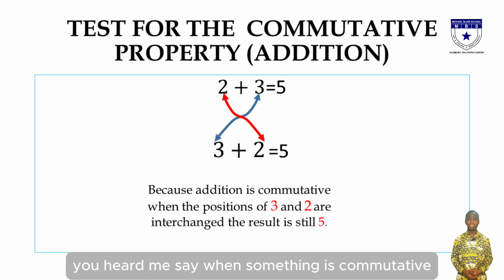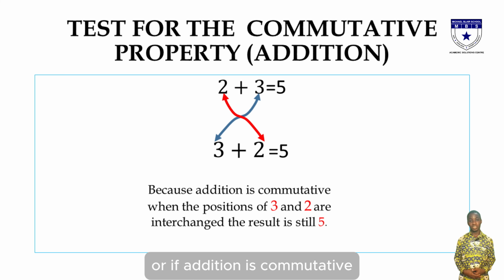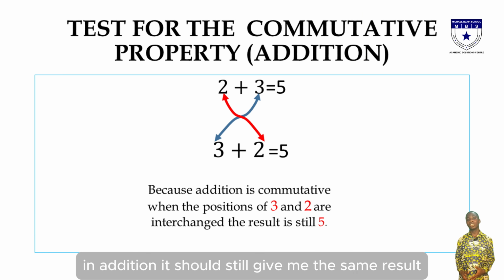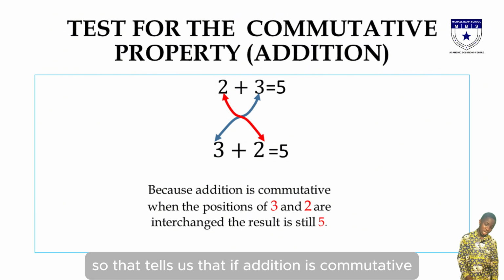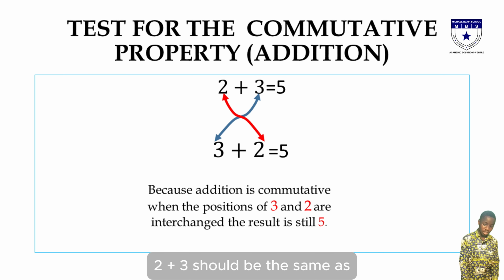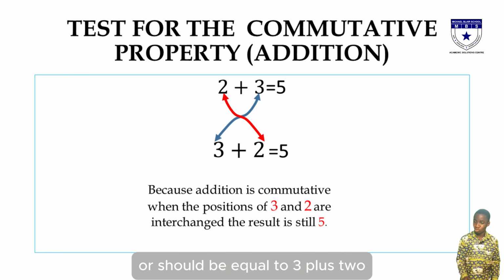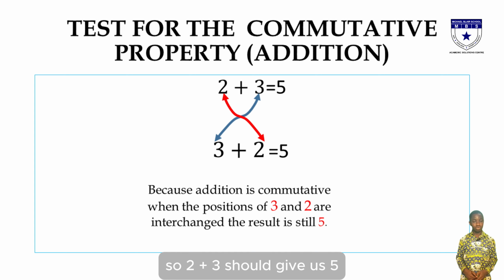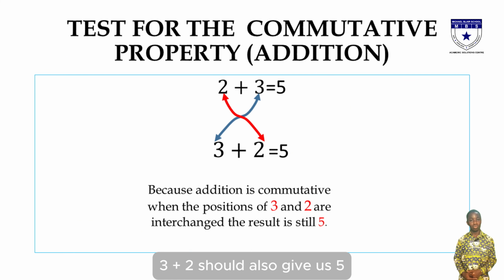You heard me say when something is commutative, if I interchange the positions of the things involved, it should still give me the same result. So if addition is commutative, 2 plus 3 should be equal to 3 plus 2. 2 plus 3 should give us 5. 3 plus 2 should also give us 5.